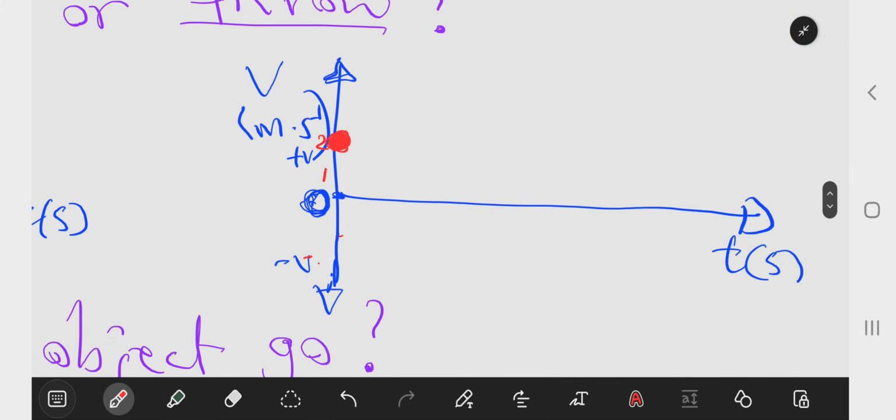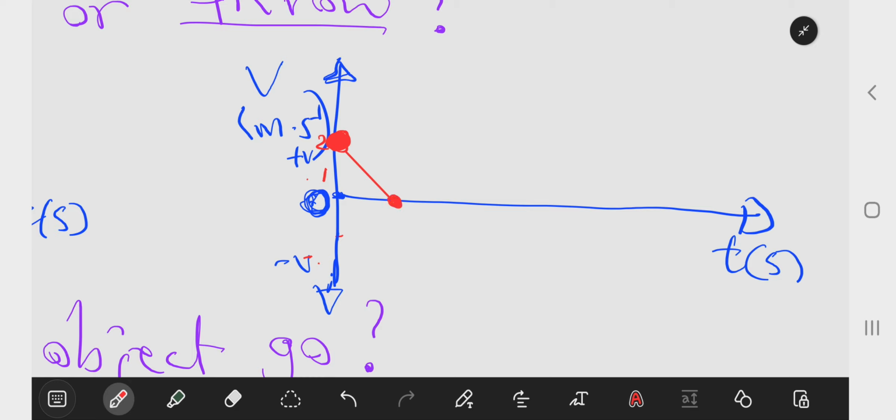If you throw that object upward, you're throwing it with an initial velocity of 2. There we have our point, right? But we expect our velocity to decrease. So if our velocity is decreasing and it should reach 0, then this graph would look something like this. It will decrease until it reaches a velocity of 0 down there.